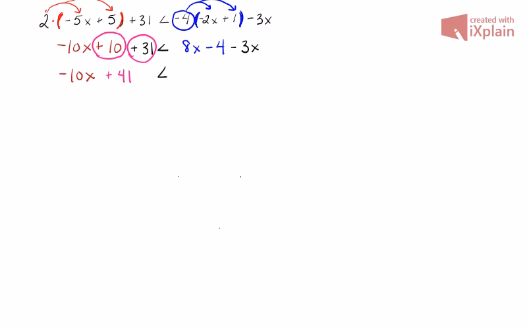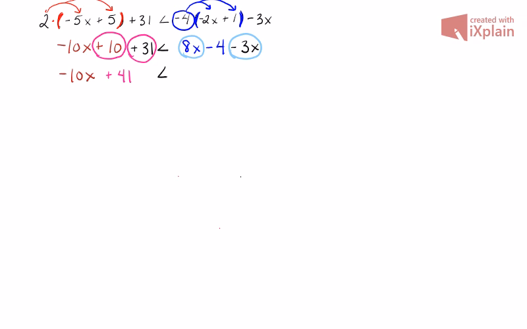In this case, I'm seeing that I have a positive 8x and a negative 3x. Sometimes what happens is people look at this and might think that things have to be treated differently because there's a variable next to each of those numbers. What I am telling you here is that we are just going to combine like terms. So in this case, I have a positive 8x and a negative 3x already on the same side, so I'm just going to combine them.